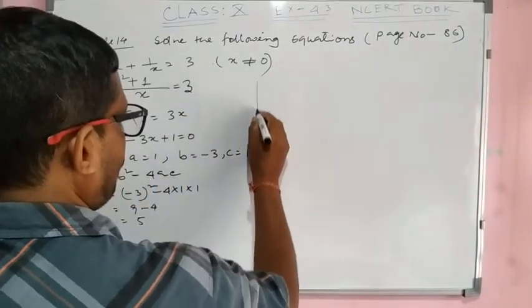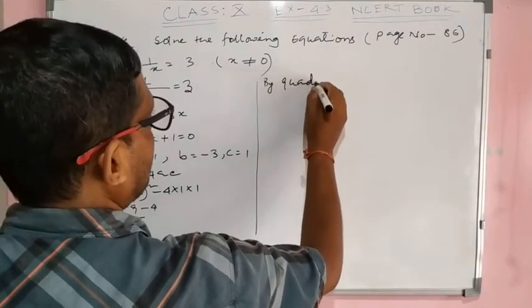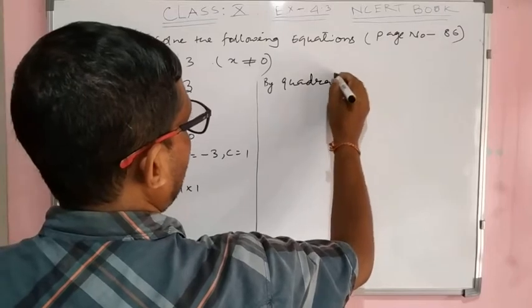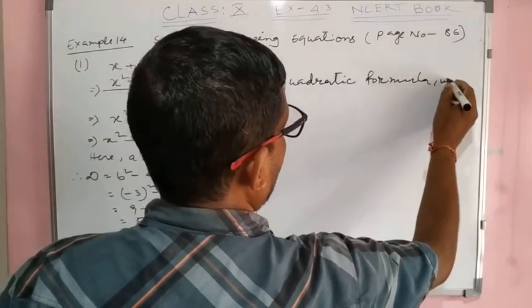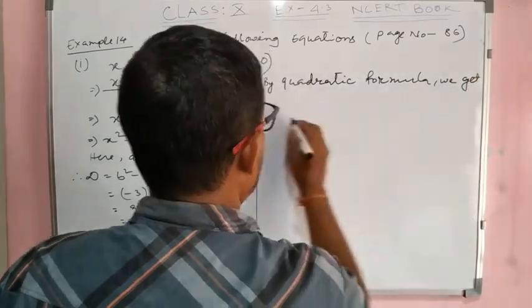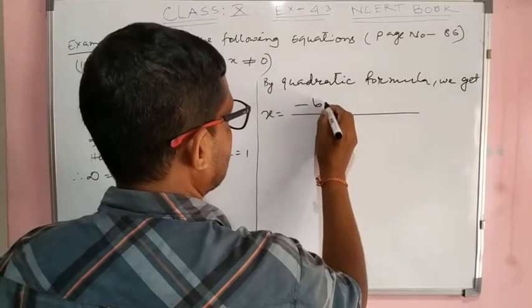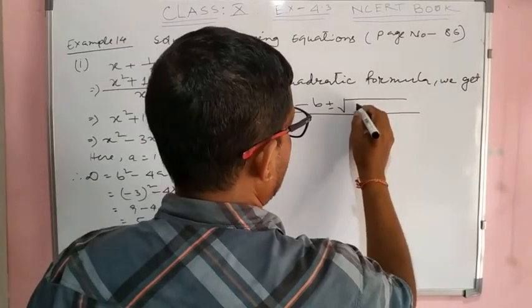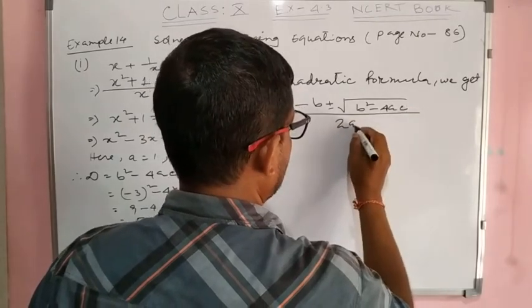Now by the quadratic formula, we get x equal to minus b plus minus root over b square minus 4ac by twice a.